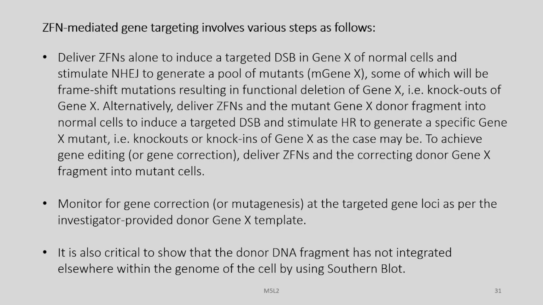The first step is to deliver ZFNs alone to induce a targeted DSB in gene X of normal cells and stimulate non-homologous end joining to generate a pool of mutants, some of which will be frame shift mutations resulting in functional deletion of gene X, that is gene knockouts of gene X. Alternatively, deliver ZFNs and the mutant gene X donor fragment into normal cells to induce a targeted DSB and stimulate homologous recombination to generate a specific gene X mutant, that is knockout or knock-ins of gene X as the case may be.